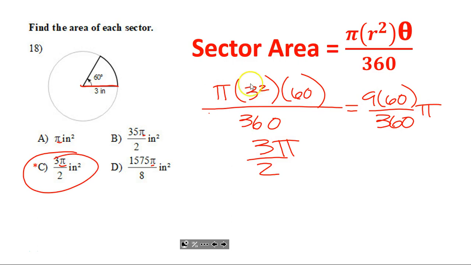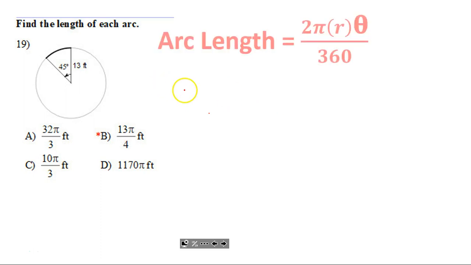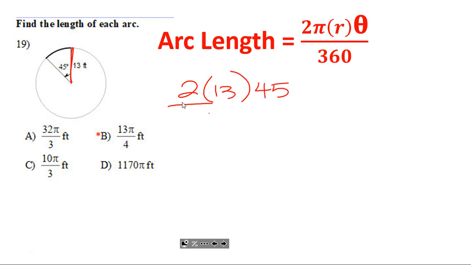Our last problem says find the length of each arc. So this time we're going to use another formula. It's on the formula sheet, 2 pi r theta over 360. So in this one, we're going to put 2 times the radius, which is right here, 13, and our theta, which was 45, all over 360.